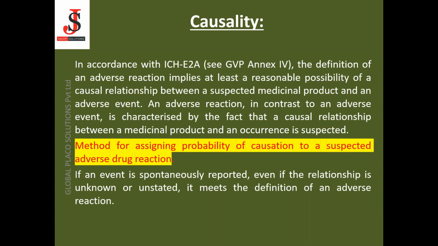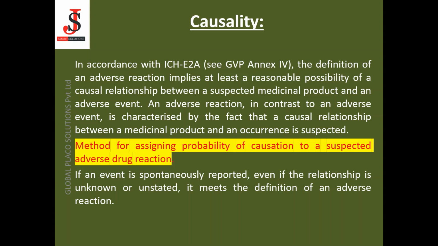Causality. In accordance with the ICH E2A guideline, the definition of an adverse reaction implies at least a reasonable possibility of a causal relationship between a suspected medicinal product and an adverse event.